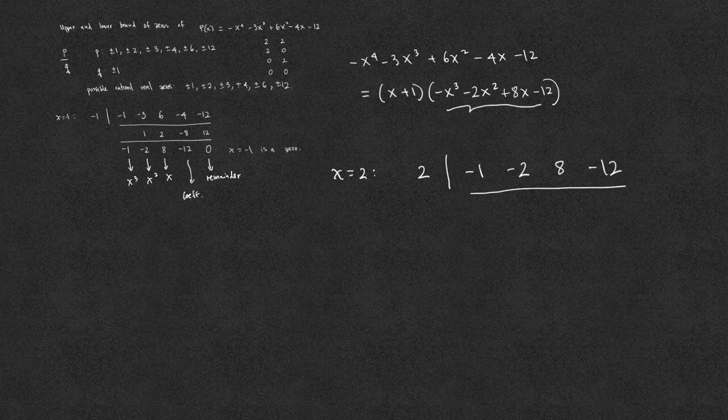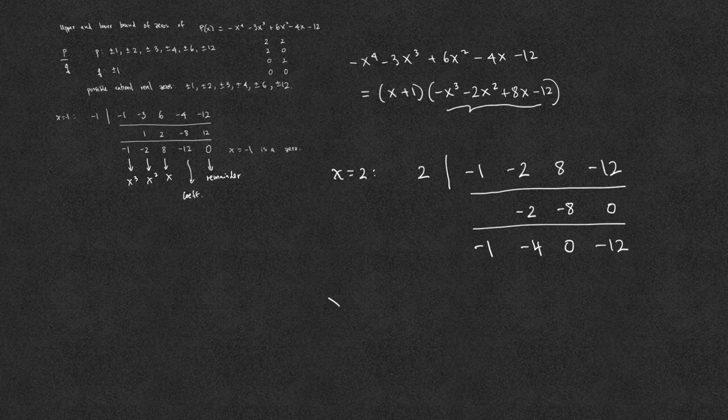Bring down negative 1. Negative 1 times 2 is negative 2. Negative 2 plus negative 2 is negative 4. Negative 4 times 2 is negative 8. Negative 8 plus 8 is 0. 0 times 2 is 0, and the remainder is negative 12. And so we know that x equals 2 is not a real zero.